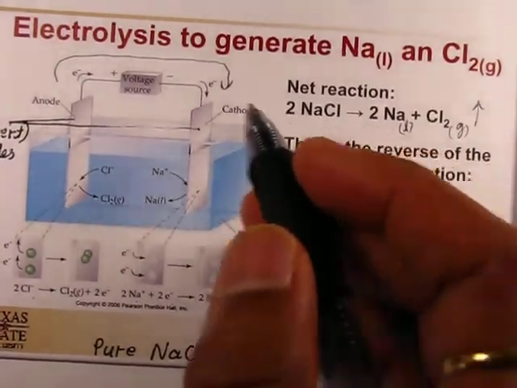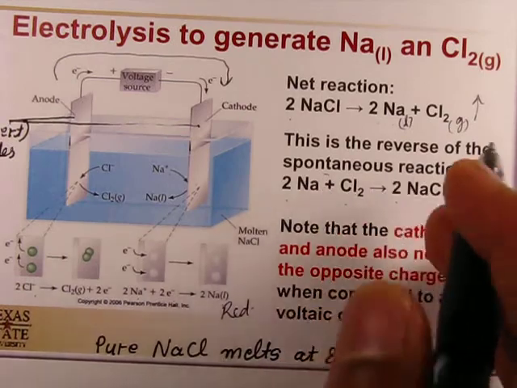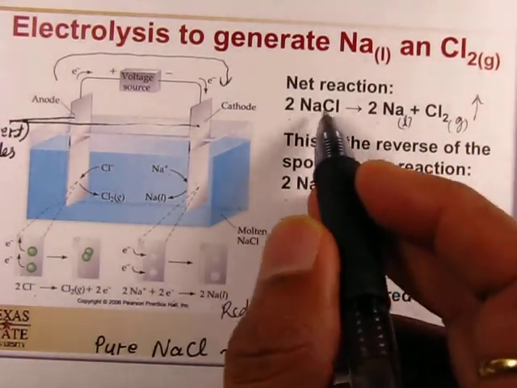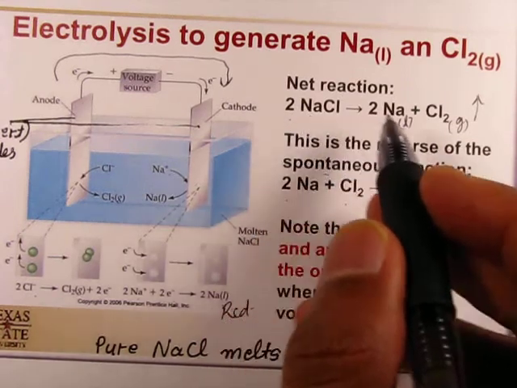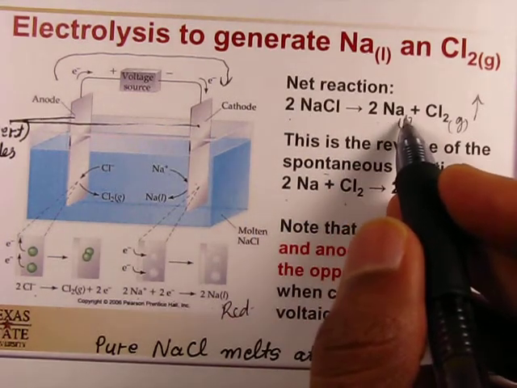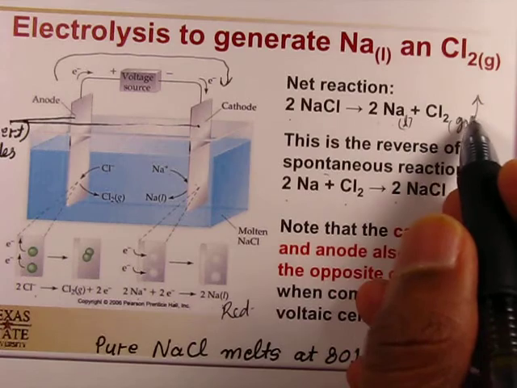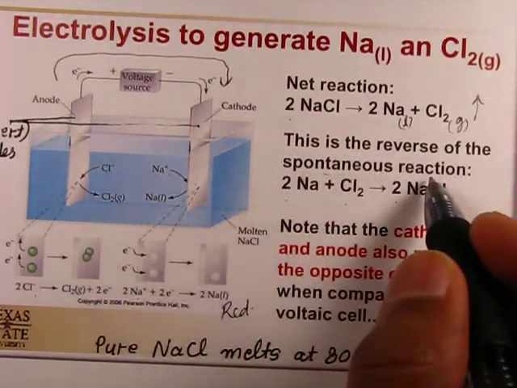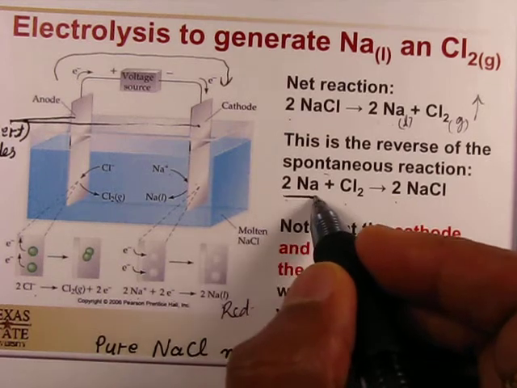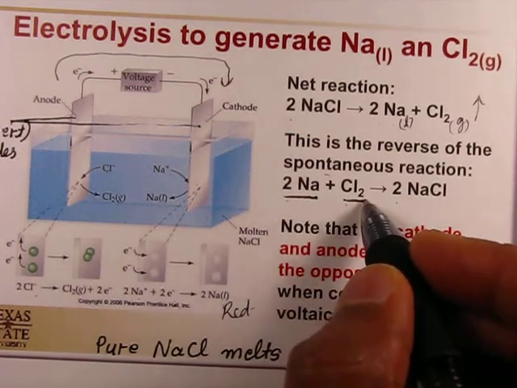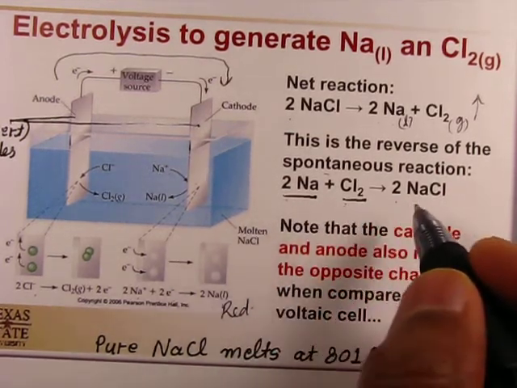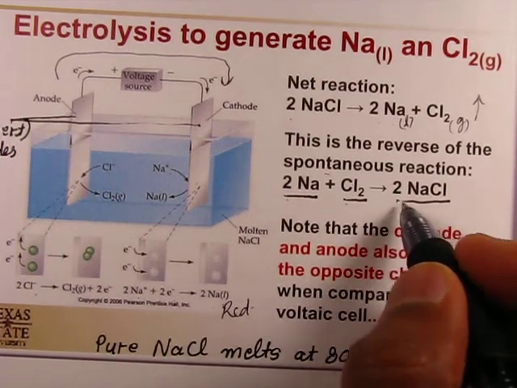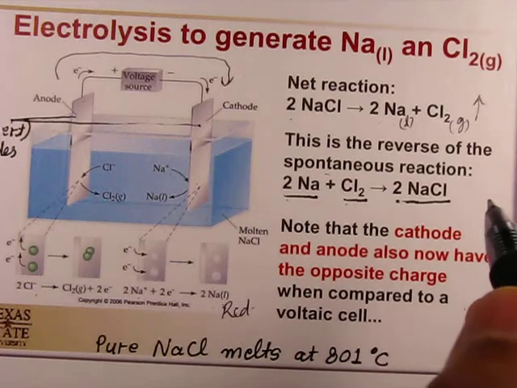Basically we are forcing the opposite reaction. The net reaction is 2 sodium chloride dissociating into 2 sodium metal and chlorine gas, and this is the reverse of the spontaneous reaction, which is 2 sodium plus chlorine gas. If we mix them together under some special reaction conditions, we can generate 2 sodium chloride.